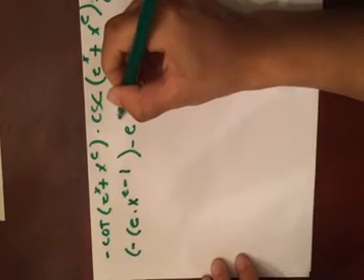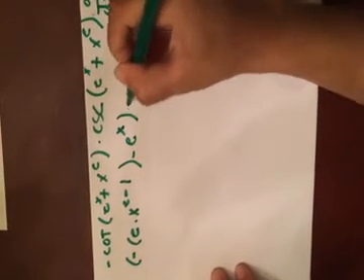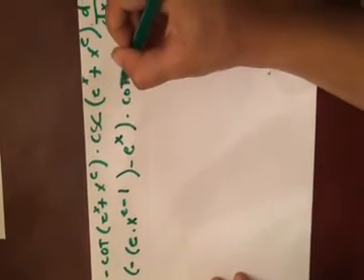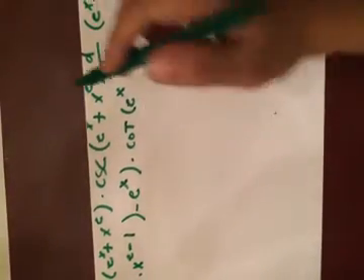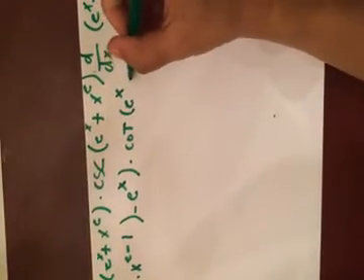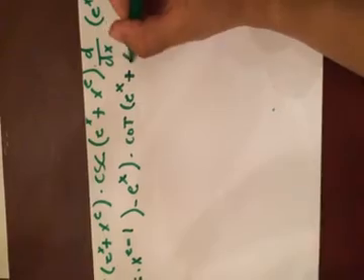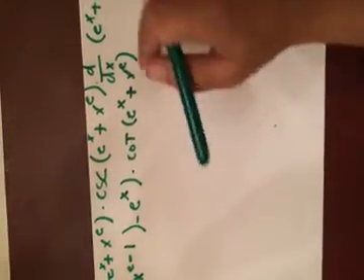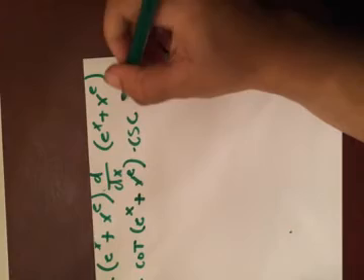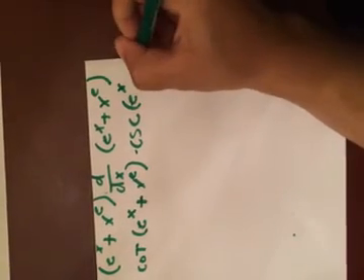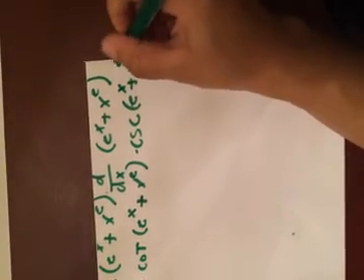So negative e to the x power times cotangent of e to the x power, we do the same thing here, plus x to the e power, that is the distributive property, times cosecant of e to the x power plus x to the e power.